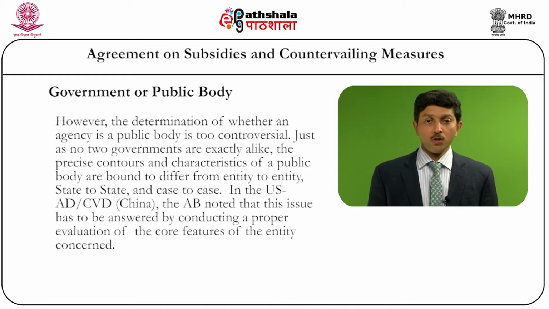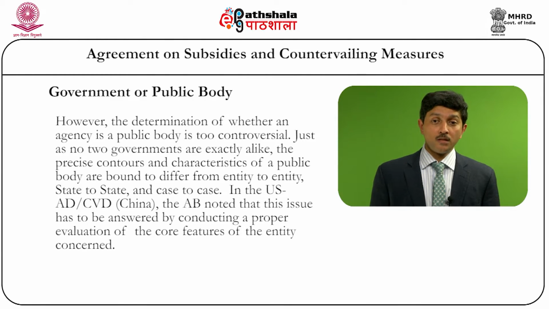Just as no two governments are exactly alike, the precise contours and characteristics of a public body are bound to differ from entity to entity, state to state, and from case to case. In the US Anti-Dumping and Countervailing Duties (AD/CVD) case involving China, the Appellate Body noted that this issue has to be answered by conducting a proper evaluation of the core features of the entity concerned.